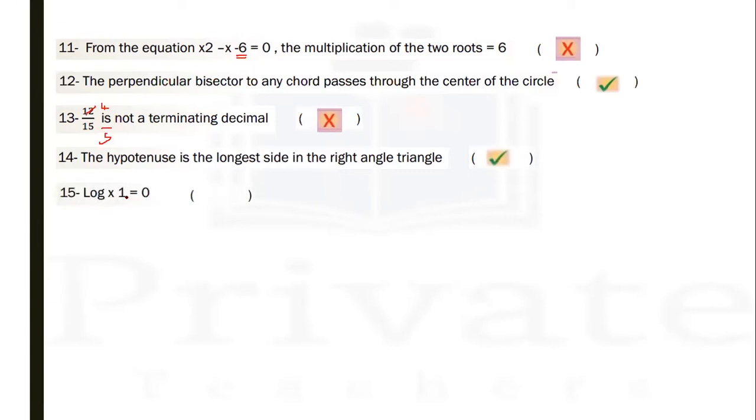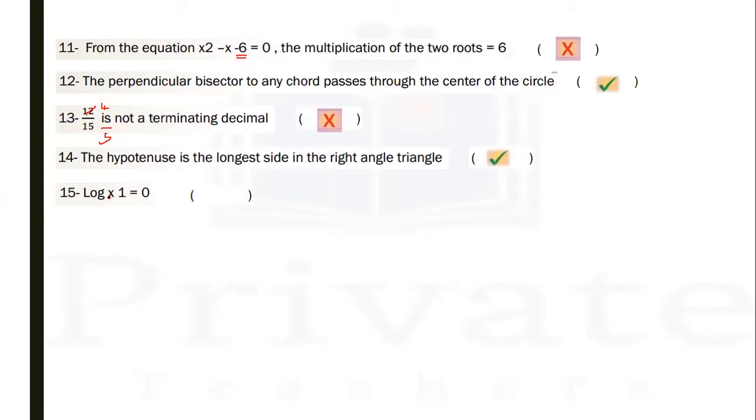Log 1 to the base x is equal to 0. If you don't understand it, or if you cannot answer it directly, we can put it in the form of base and exponent, and then you will find the answer.